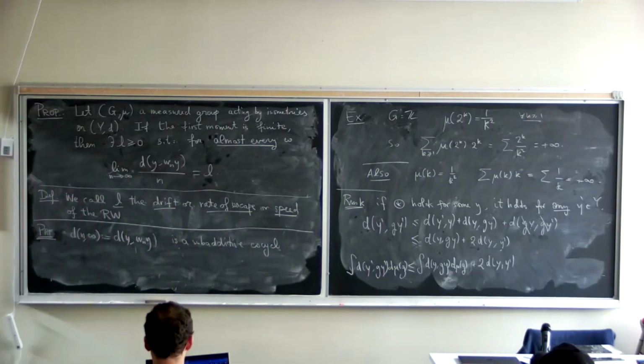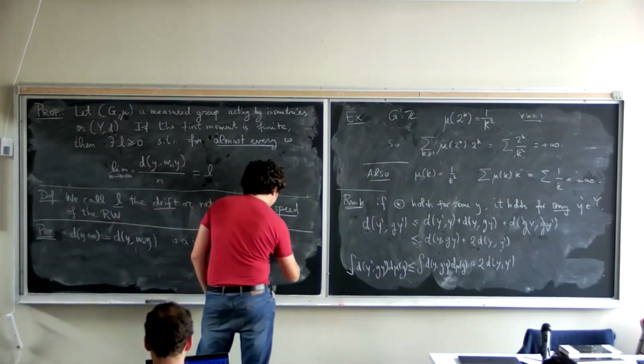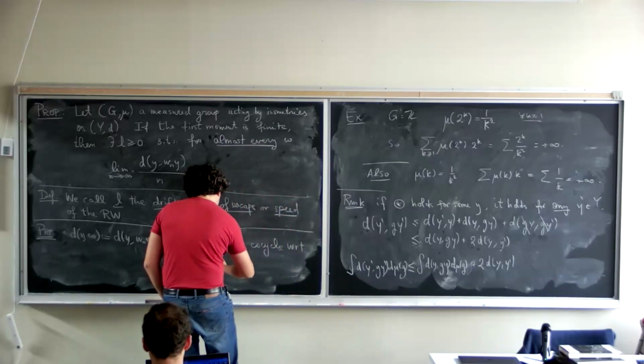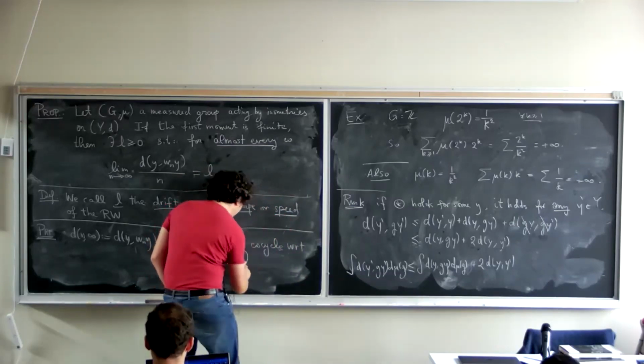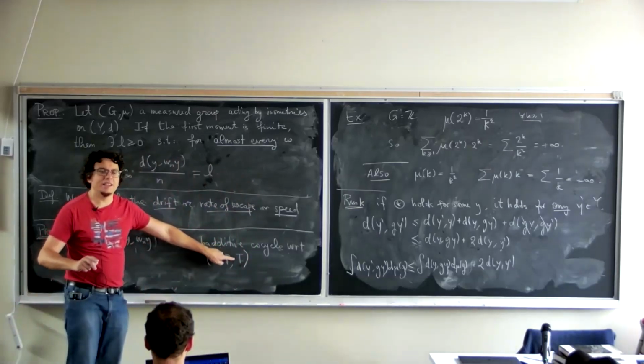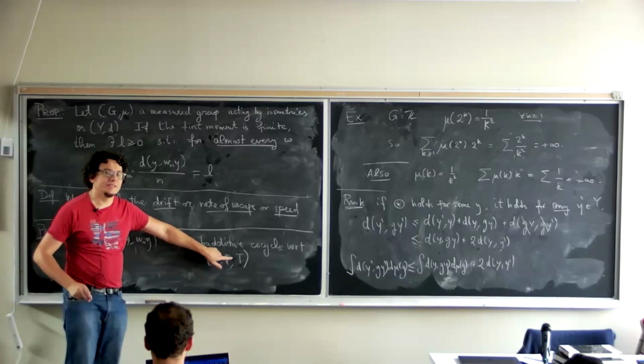So how do we show that? Remember, what is the dynamics here? The system is (Omega, P), and T is the shift. T again is the shift in the space of increments.